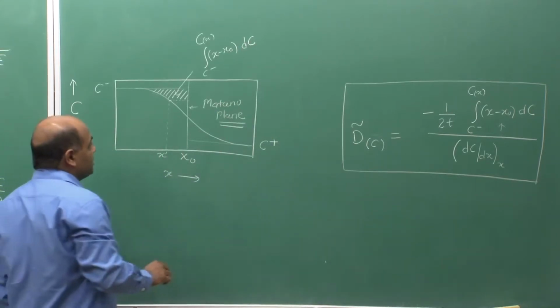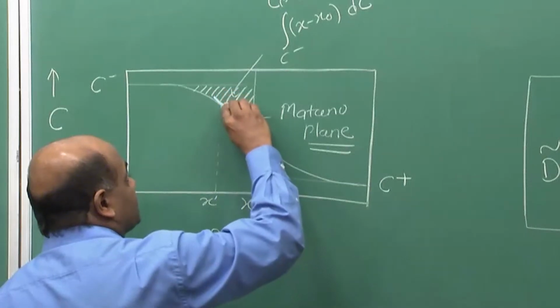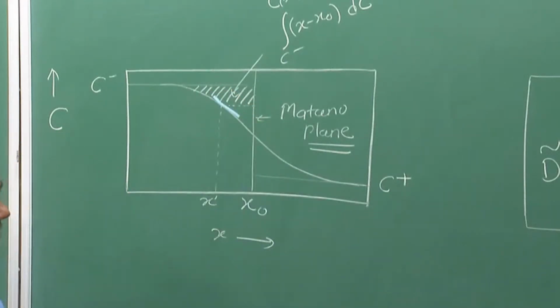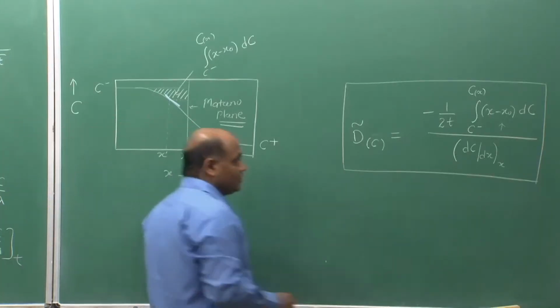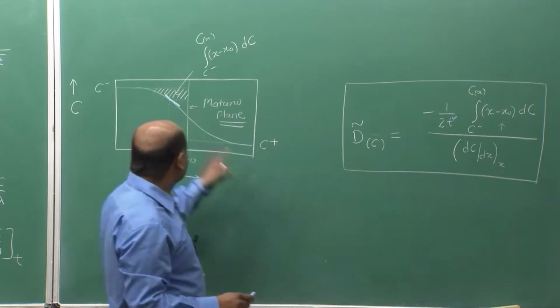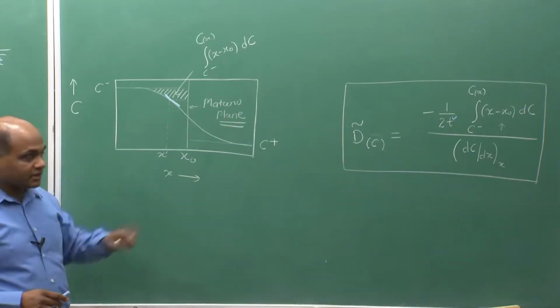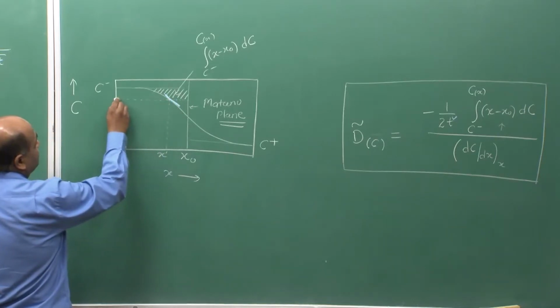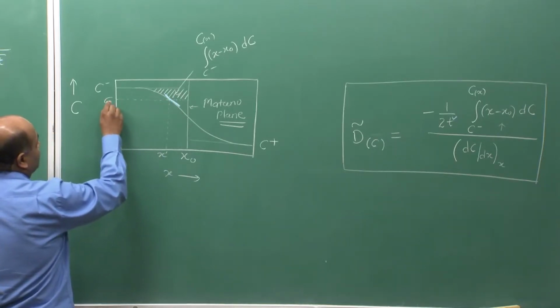Then we determine the derivative of the concentration profile at this position, which is the dC/dx, and we know the diffusion annealing time t, and so we can find D tilde at this particular location, and it corresponds to the composition which is there at this location, that is C at x.